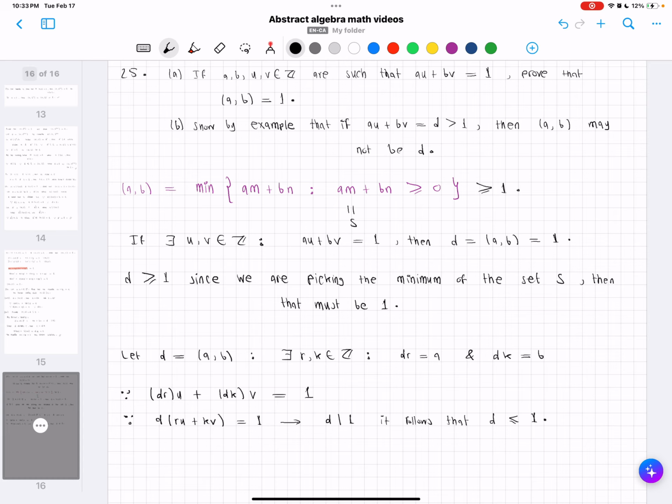So as you can see, part A really gives us a way to reason about part B. Even if you construct a number that is equal to D, we cannot express any number in terms of D, just like we do with 1.